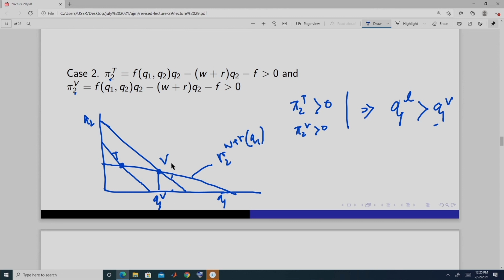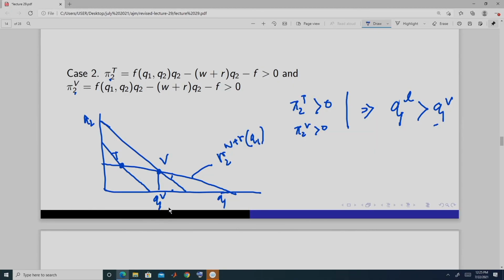So, if this is the thing, then what should farm 1 do in stage 1? Because in stage 1, while deciding K1, farm 1 will do this calculation. It will know that at this point also farm 2 is making positive profit, because Q1L is somewhere here, limit output is greater than Q1V.